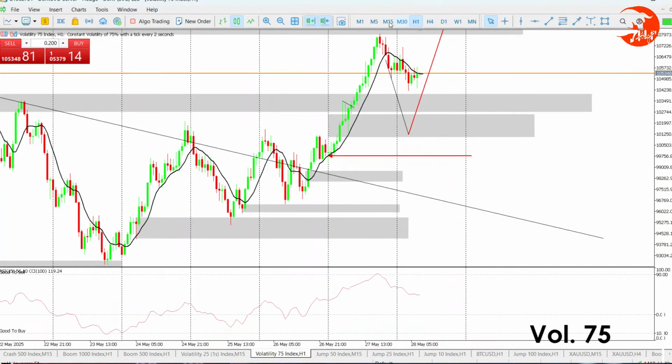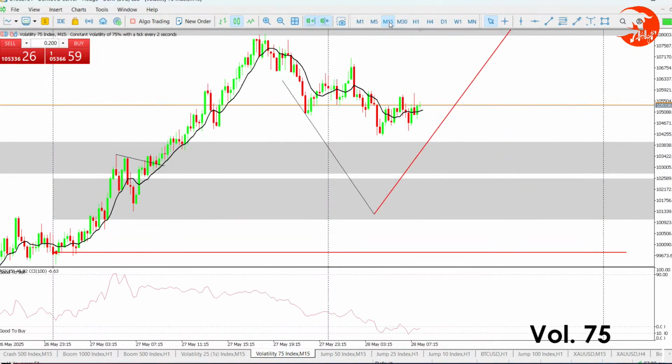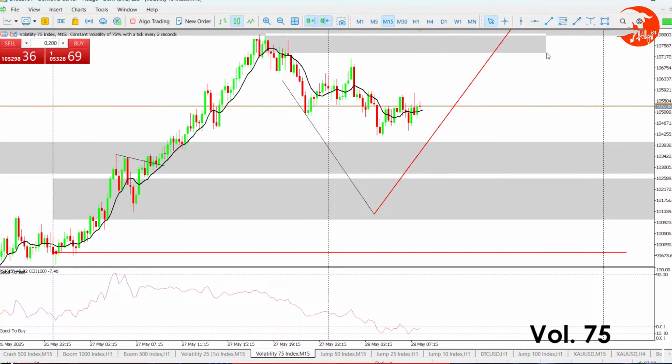So according to M15, we should be looking for buys, and clearly CCI is confirming that we are looking for buys on M15. These buys are just going to come around this area right there as a confluence, then later on continues into sales.